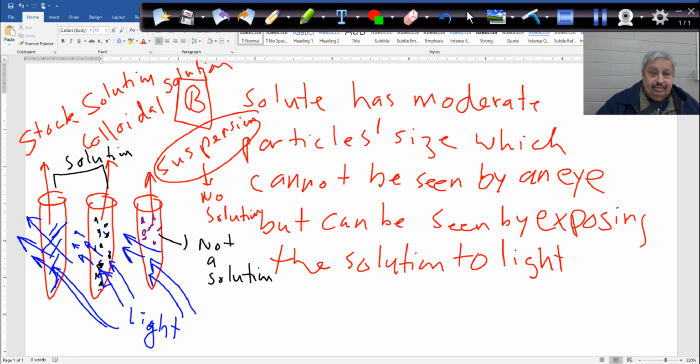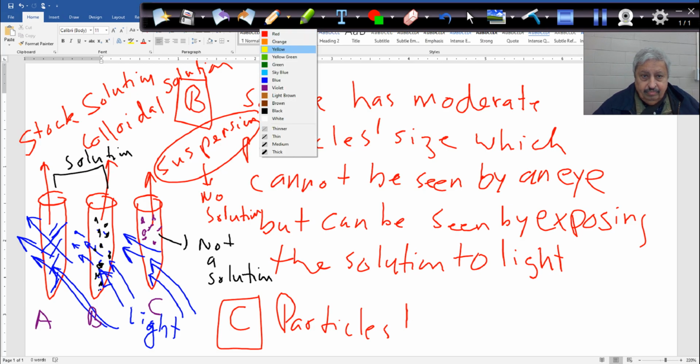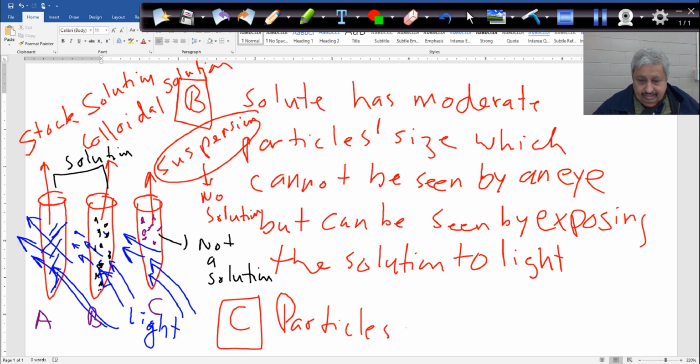So number C, this is A, this is B, this is C. Number C, particles are very large, because this is not a solution.